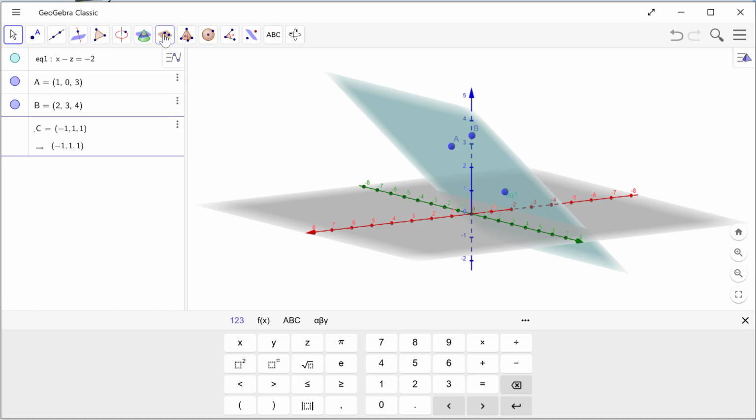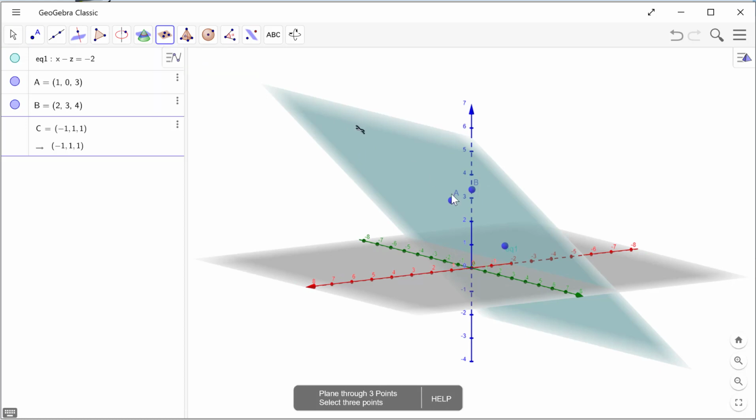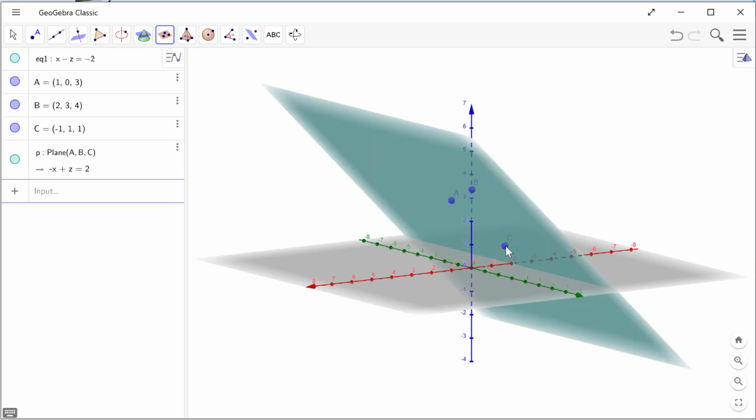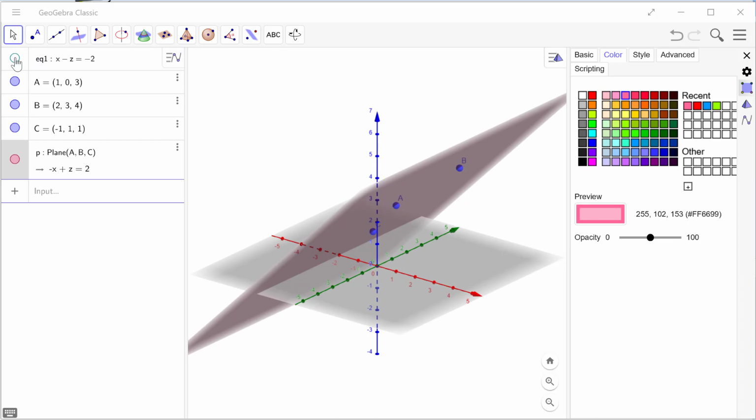And I'm going to say plane through 3 points, and I'm going to choose the 3 points A, B, C. So the plane, again, if we notice, is the same plane that was graphed. I can even choose a different color. I activated this one, which was green, and we can see this plane in pink. So again, it's exactly the same plane because we did the work and that's what we obtained. And so I showed you how to draw it using the equation of the plane and using the 3 points.